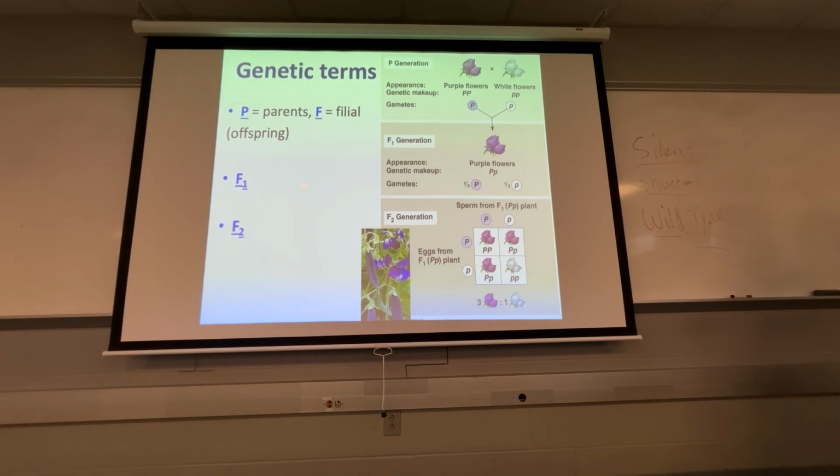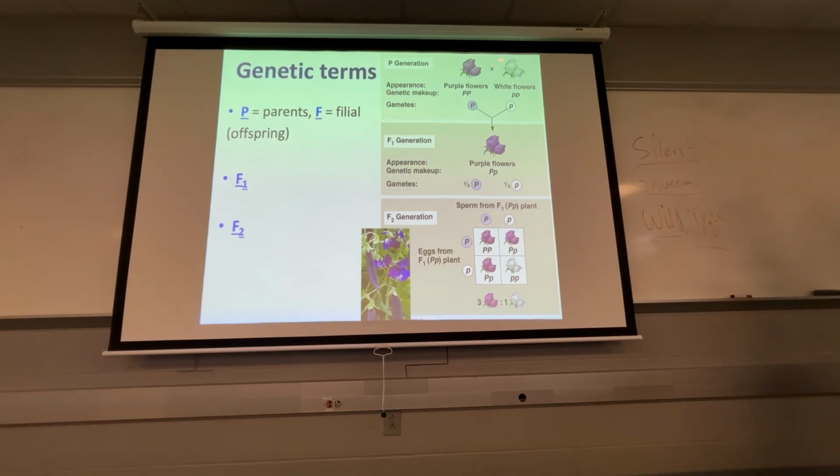The F1s, once he gets them grown up, he's then going to breed them to each other to get the F2, which is the second generation of kids from the F1. And then he will grow those up and look at them. And he's looking at specific traits, right? So for this first one, it's flower color.